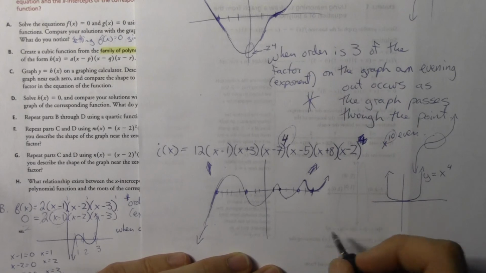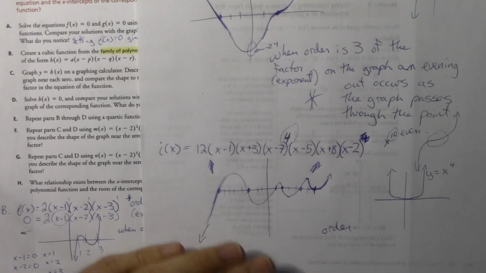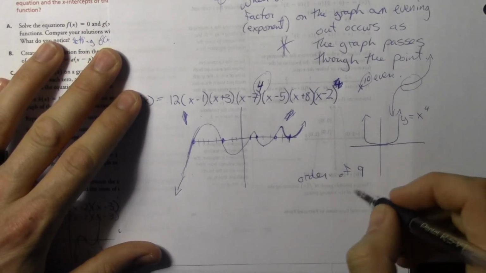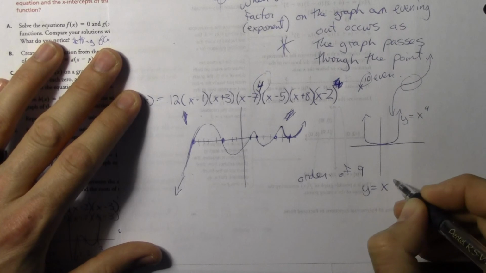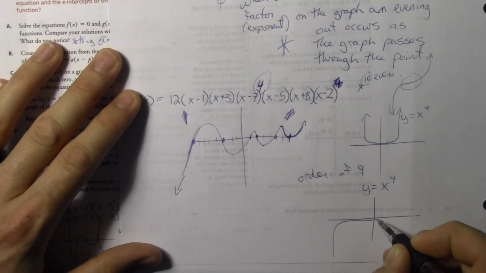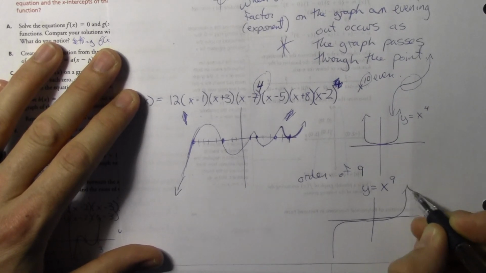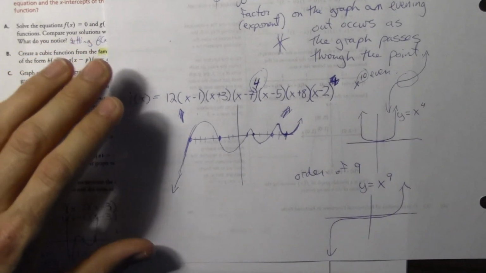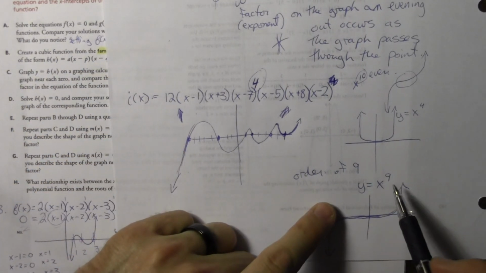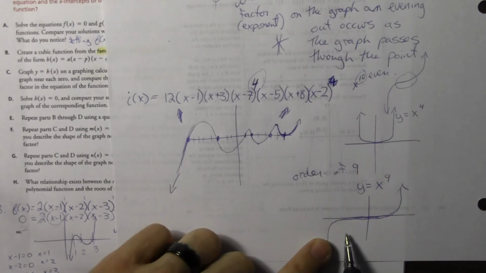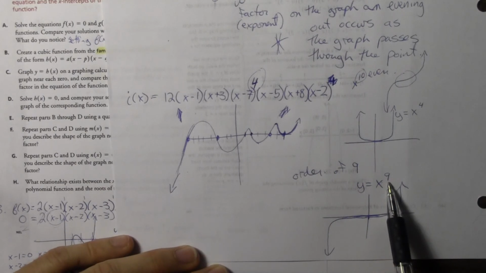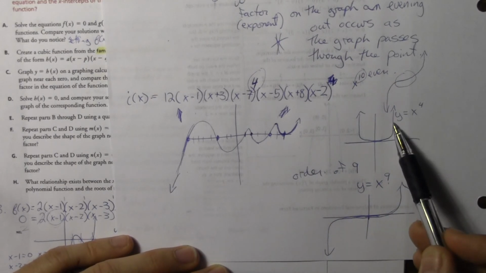If you have an order of 9, so y equals x to the 9, this flattening out is going to be huge. So the order, depending on whether it's even or odd, determines whether it's a turning point or a flattening out. And the number of the order, depending on how high, determines how much it flattens out.